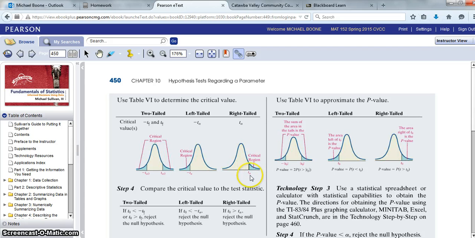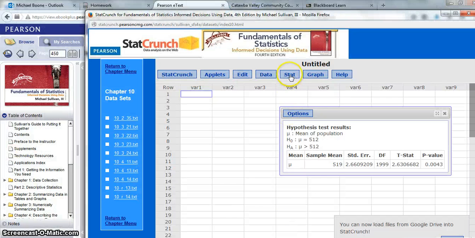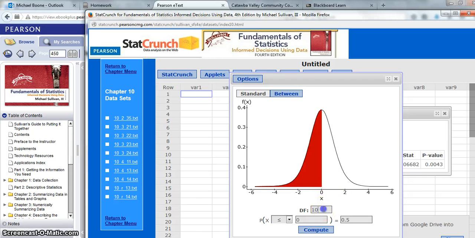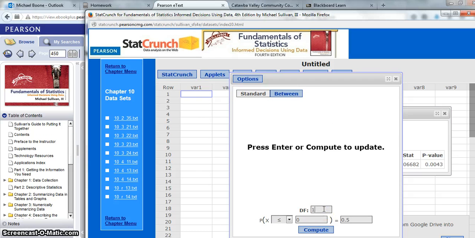Now this critical value, this t alpha, kind of just sets off my divider between the non-rejection region and the rejection region. And the way we would find t alpha is we could use our calculator. So stat calculator T, and my degrees of freedom, since I had 2,000, would be 1,999.